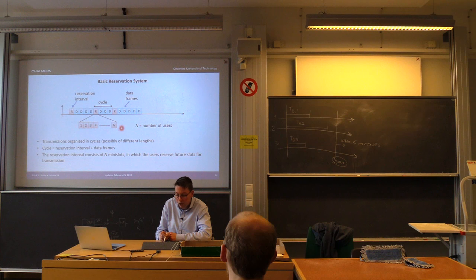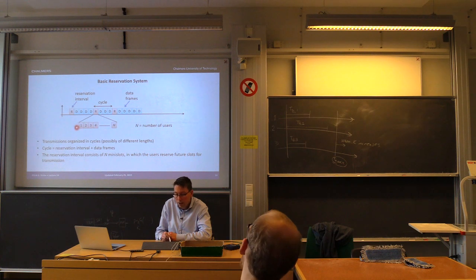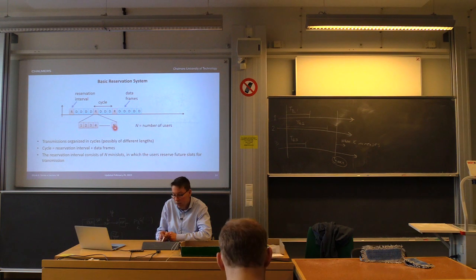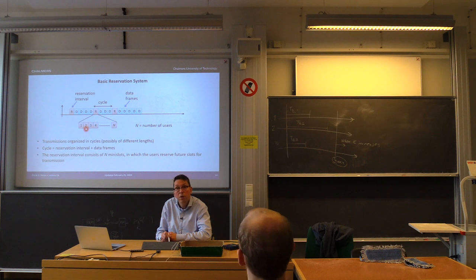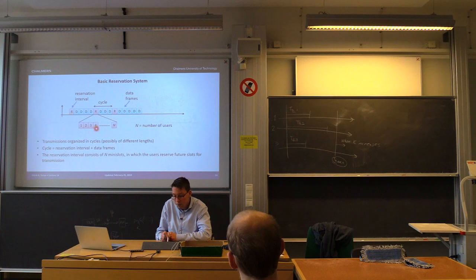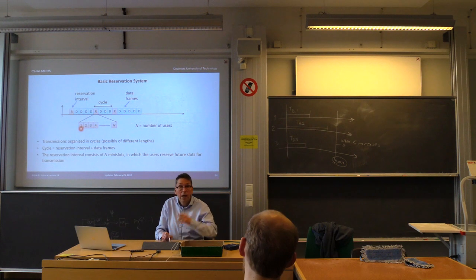So the reservation here is divided into a number of mini slots, 1, 2, 3, up to capital N, where capital N is the number of users. So in this, we organize whether user number 1 has some data to transmit, whether user number 2 has some data to transmit, and so forth. So in this case, for instance, if user number 1 has some data to transmit, it says, hey, I'm number 1, I would like to transmit.